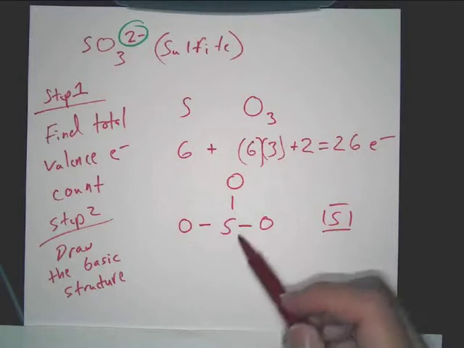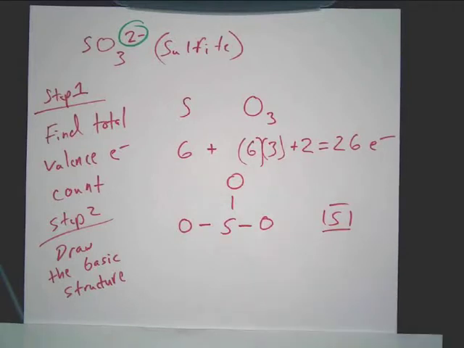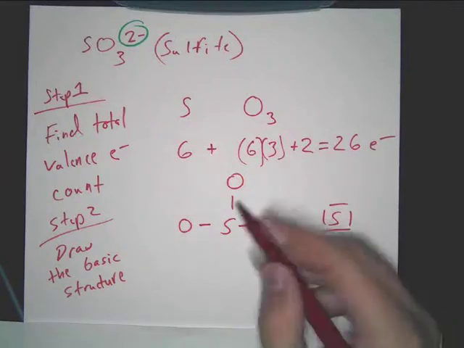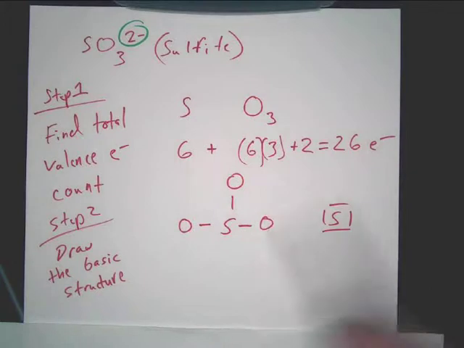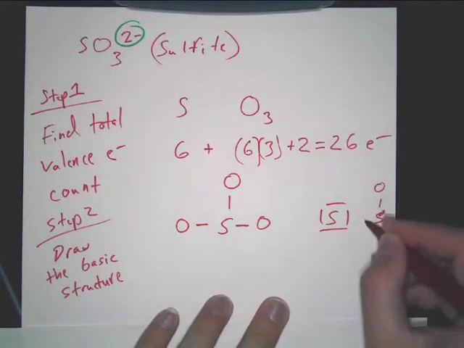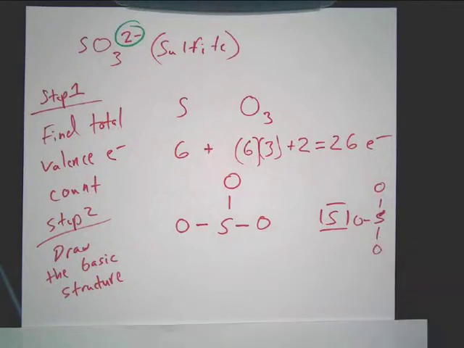You've got 4 sides that you can put bonds or electron pairs. I don't care how you write it; it makes no difference where you leave the blank spot.